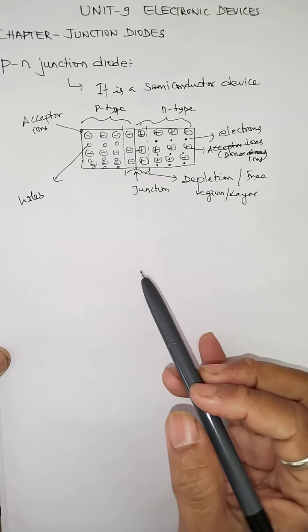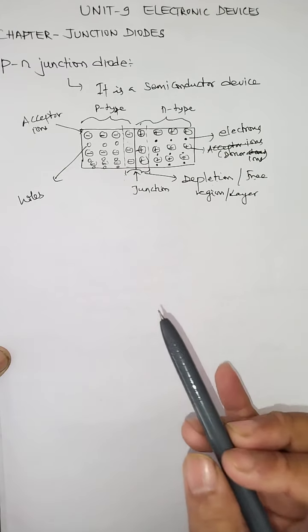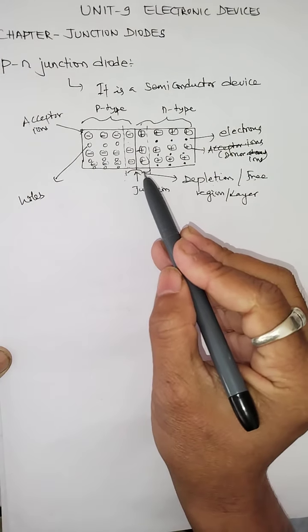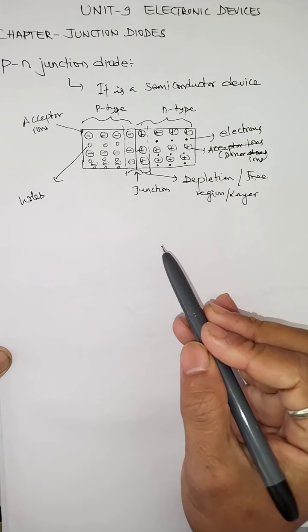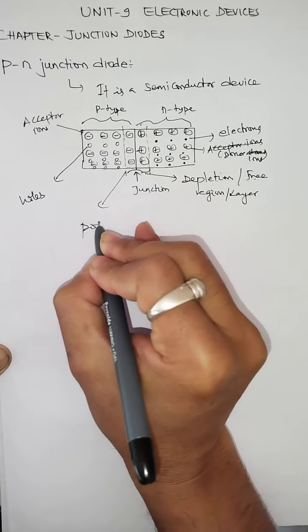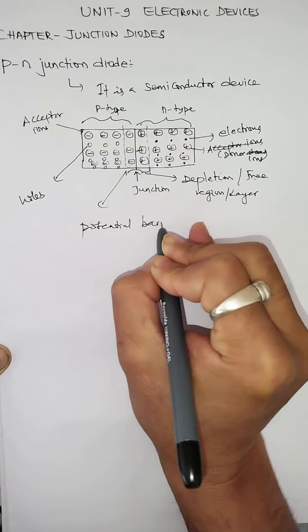The negative and positive charges within the depletion region create a potential difference between the regions, which is also known as the potential barrier.